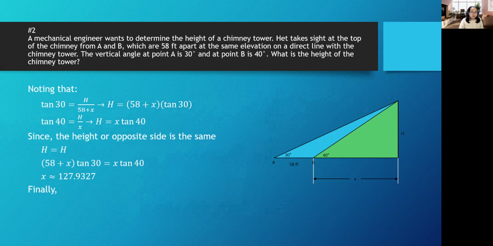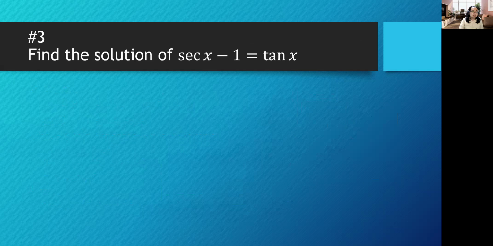And finally, we simply substitute that value of x into either of the two equations we have created. And we can say that h is equal to x times the tangent of 40, and finally get the height of the chimney of 107.3483 feet.